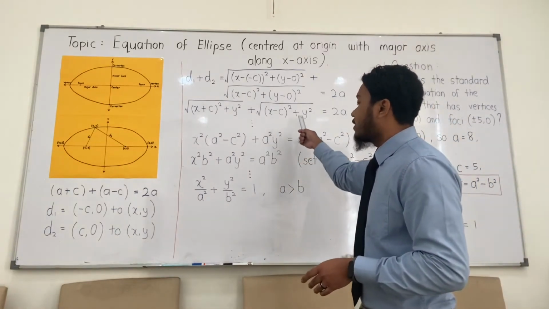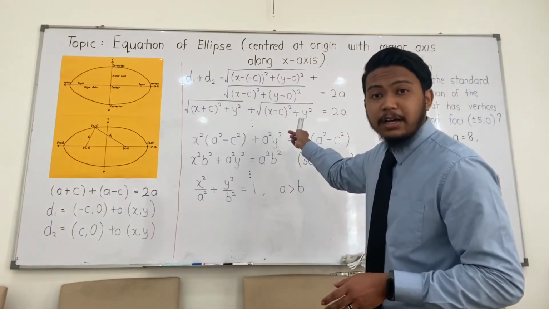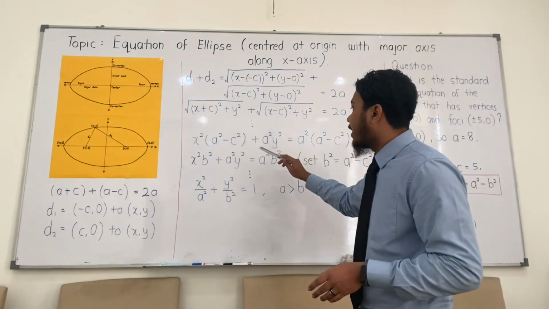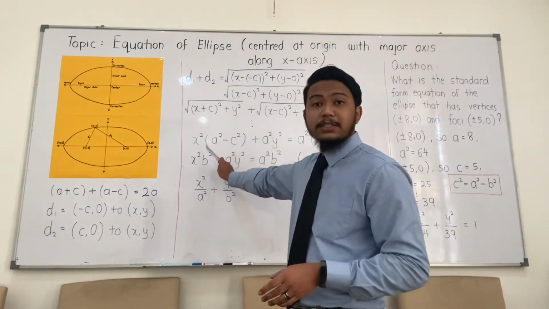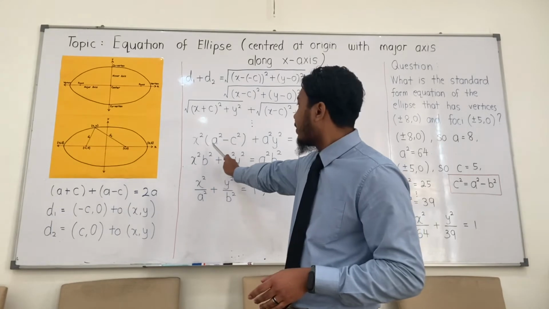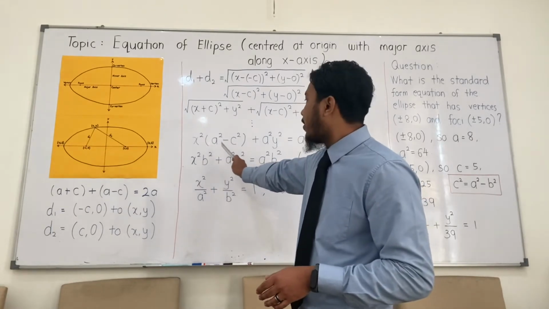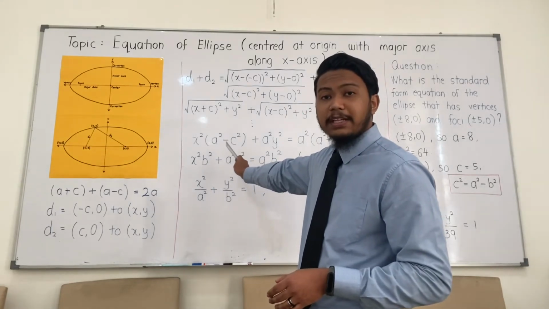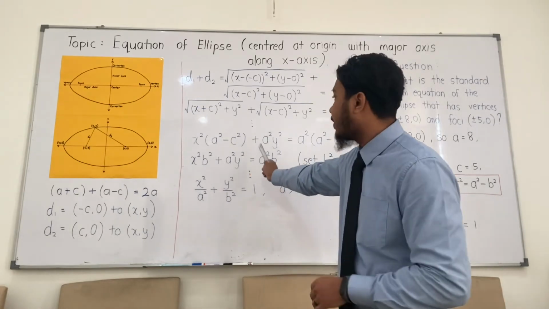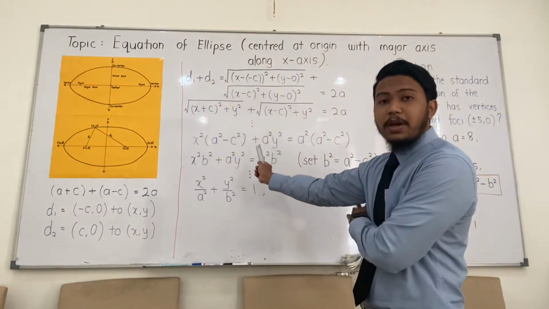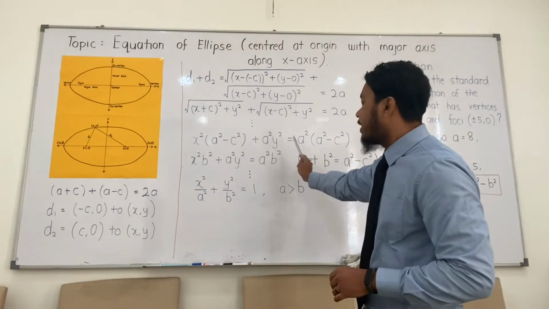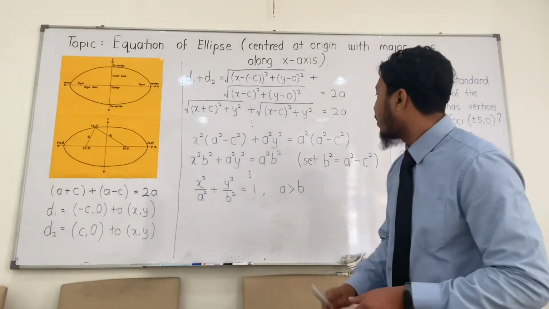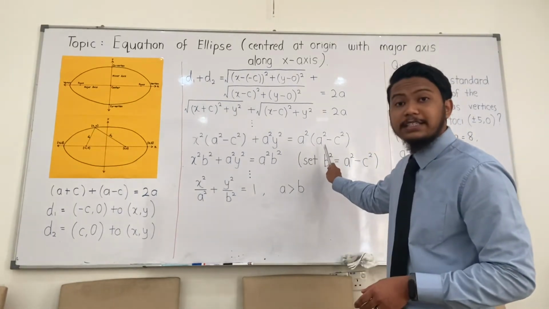Okay, after we simplify and have some calculations, we get x squared times (a squared minus c squared) plus a squared times y squared equal to a squared times (a squared minus c squared).